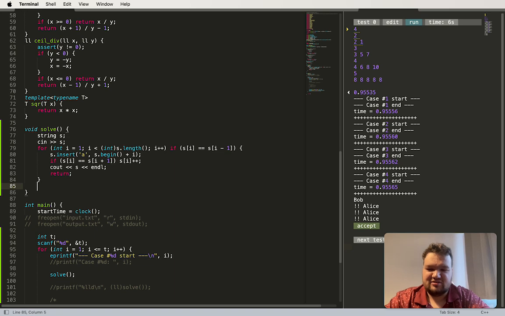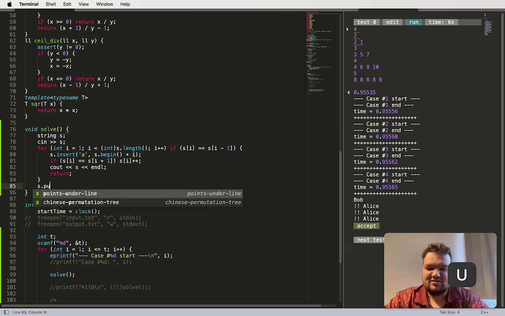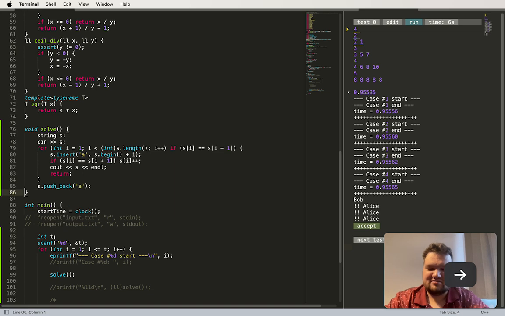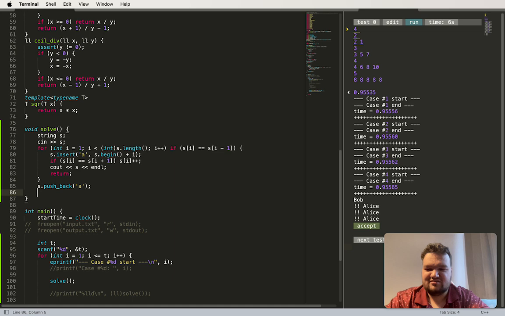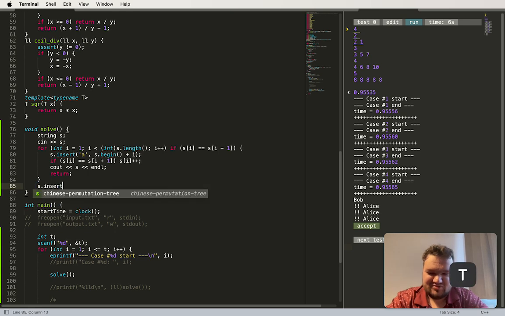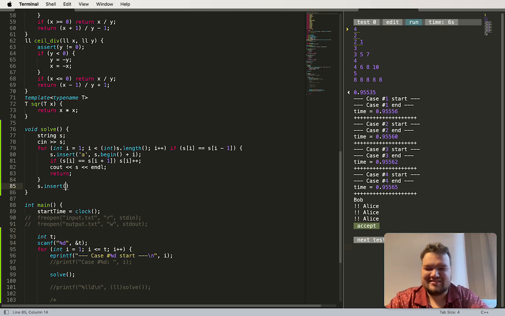Otherwise we will just insert something in the end. Okay, let's insert in the beginning because it's easier to access the first characters and the last 2 characters.